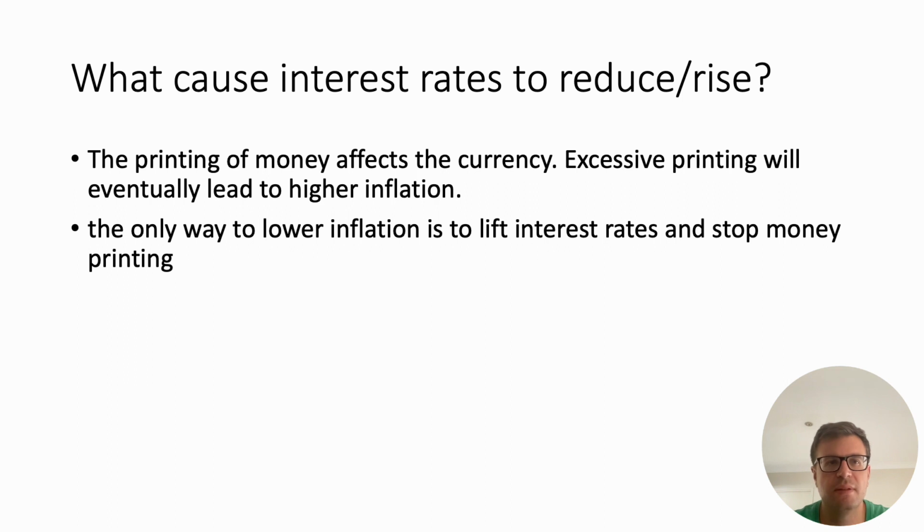So now we're gonna talk about what causes interest rates to reduce or rise. In this example, I will try to make it as simple as possible. It is a little bit more complex than that, but this is just to give you a perspective on how things move. The printing of money will affect the currency, which will lead eventually to high inflation.